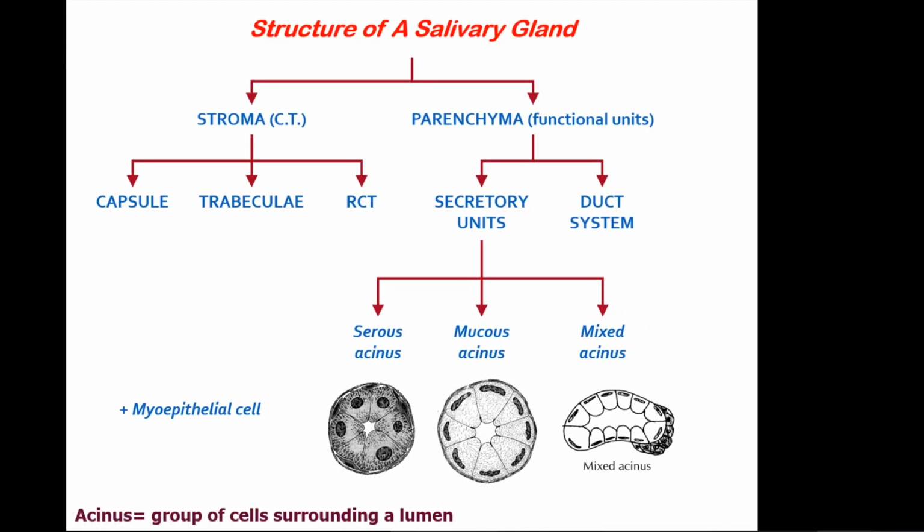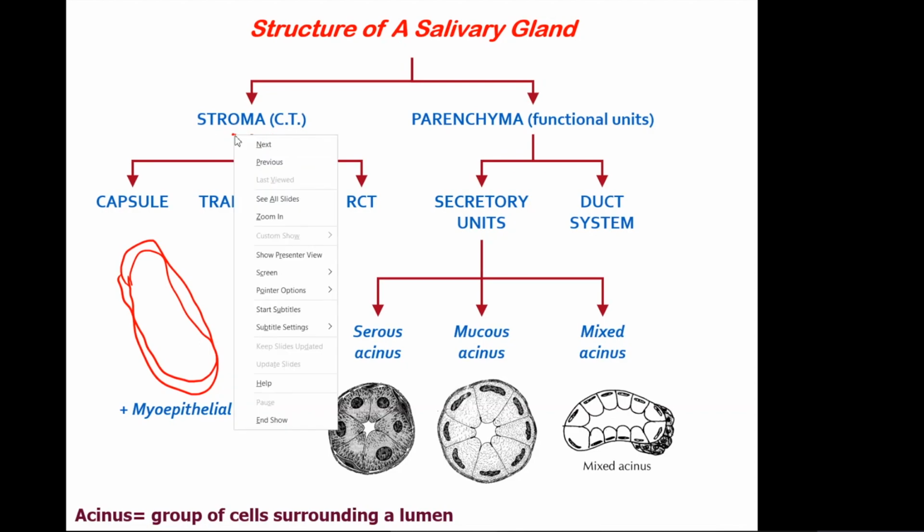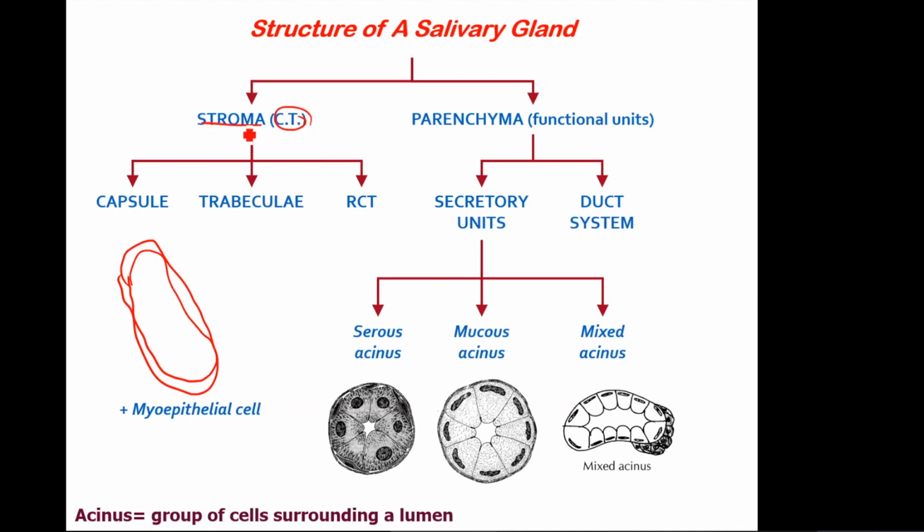So let us have an idea about the general structure of salivary glands. For example, the parotid gland is covered by a capsule, right? First of all, you have two structures. You have a connective tissue known as stroma, and you have the functional unit inside, which is most important, known as parenchyma.